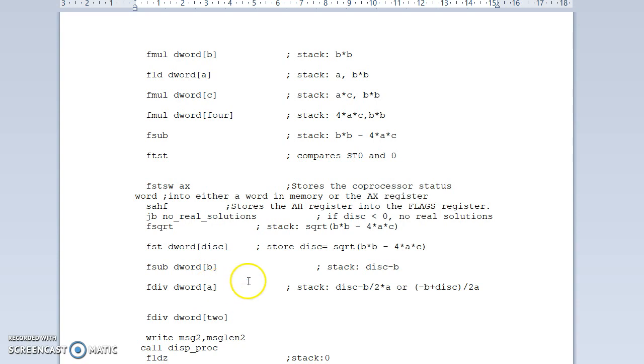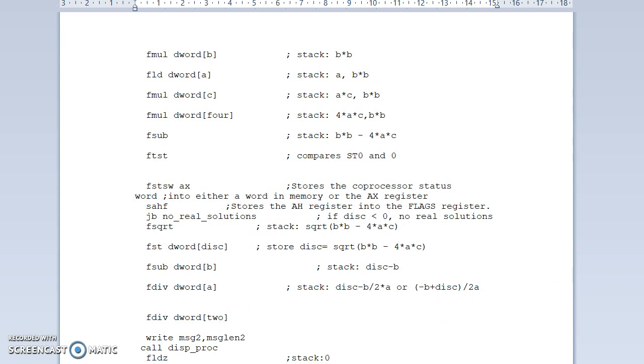So the disc minus b value will be divided by 2 into a, because we are using the FDIV instruction 2 times. So it will be divided by a and later on divided by 2. So in this way we have found the value of minus b plus or minus the square root of b square minus 4ac, the whole upon 2a, using the coprocessor instructions.